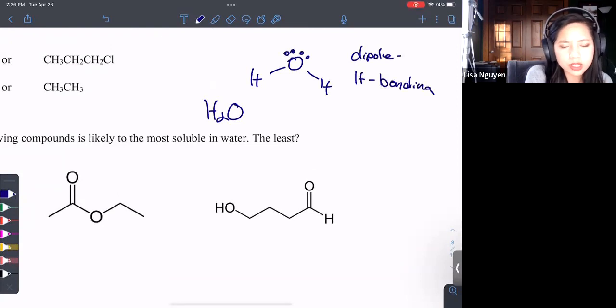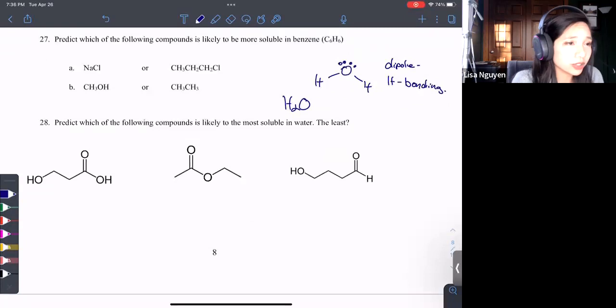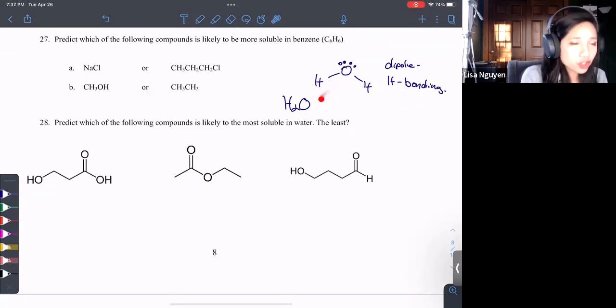So this is a question about intermolecular forces. When things are soluble in water or in any solvent, it just means that their intermolecular forces match. So you need to ask yourself, if you had a bunch of water and you added one of these compounds, does this compound make strong attractions with water or weak attractions with water?